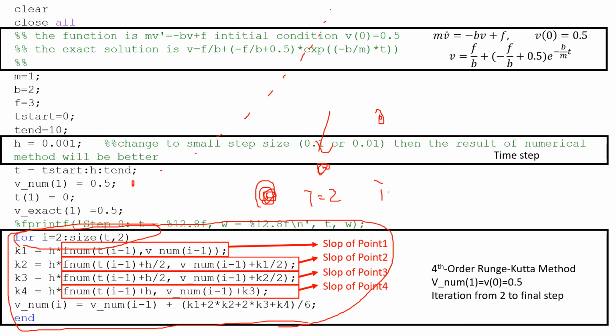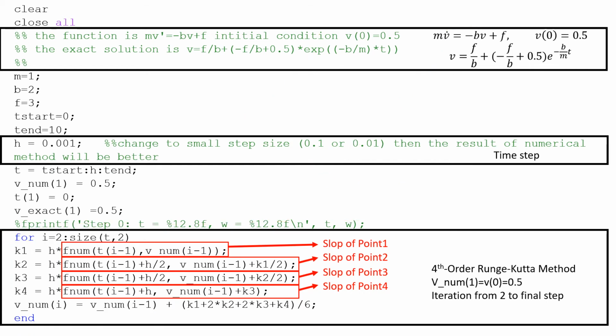Then to calculate the current point with i equal to 3, I use i equal to 2 to estimate the i equal to 3 point. So point by point, after several iterations, we can get all of the numerical solution. So this will be the best idea. It is not very difficult, but you should try to understand.